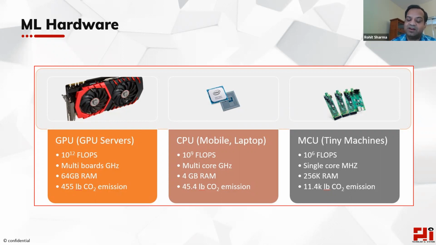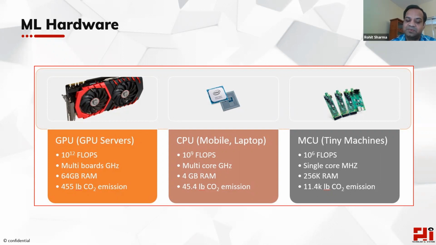And they run from several tens of gigabytes to hundreds of gigabytes of RAM. And one inference and training can take up to 455 pounds of carbon emission. So a large amount.